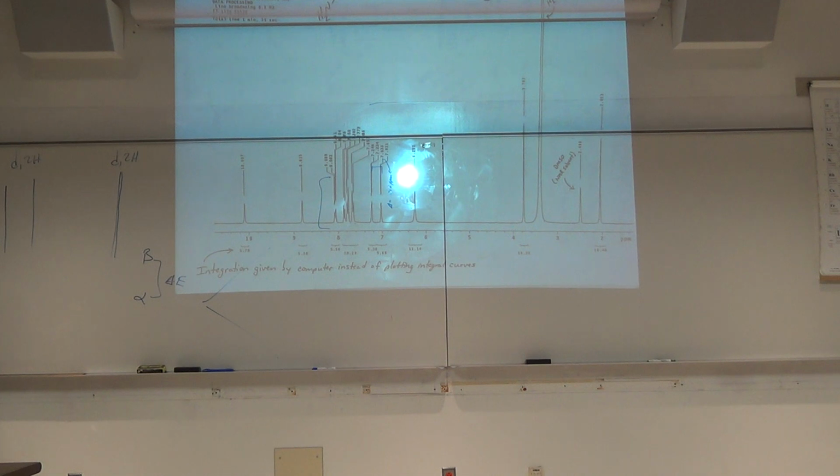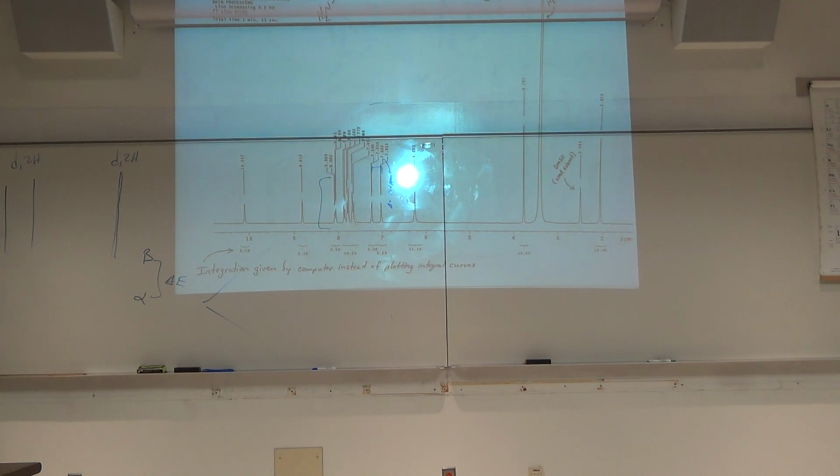Well, let's say people are running 2 different NMRs, and let's say here we have a 60 megahertz NMR. Now that's in megahertz. You can turn this into Tesla, which is a unit for magnetic field. But let me just get it like this.